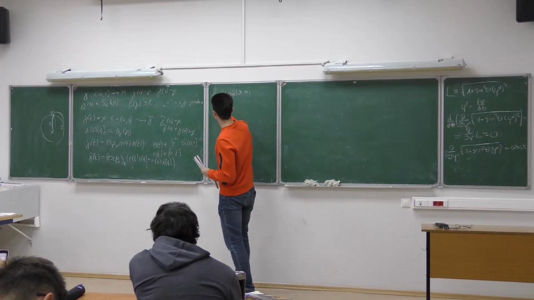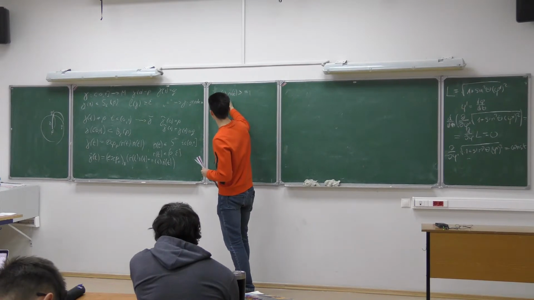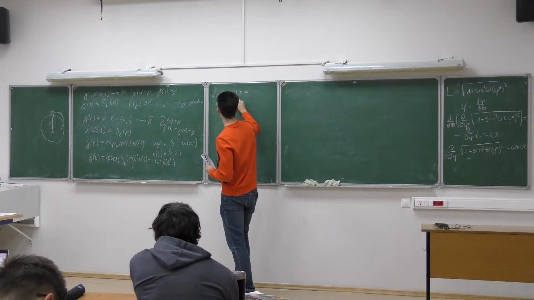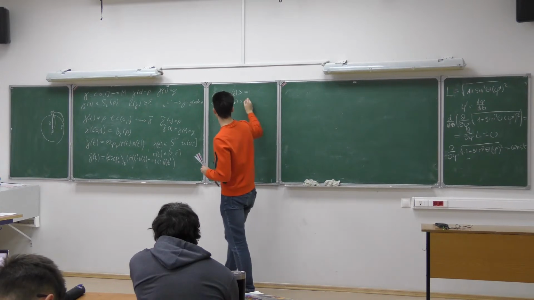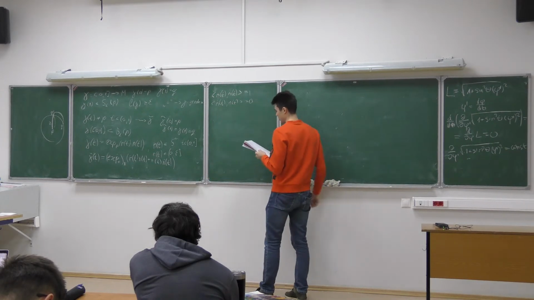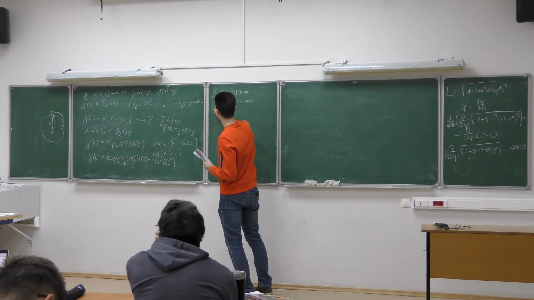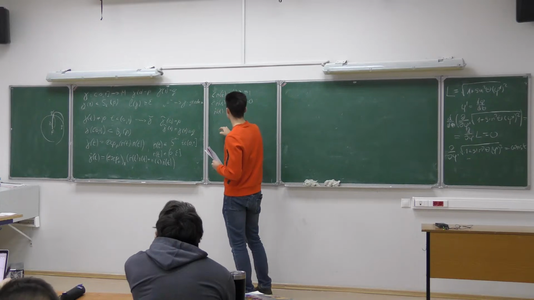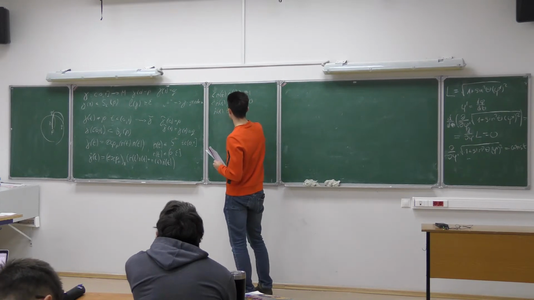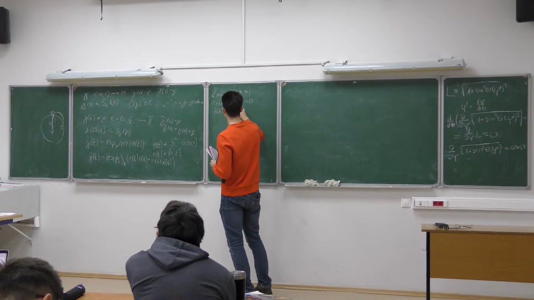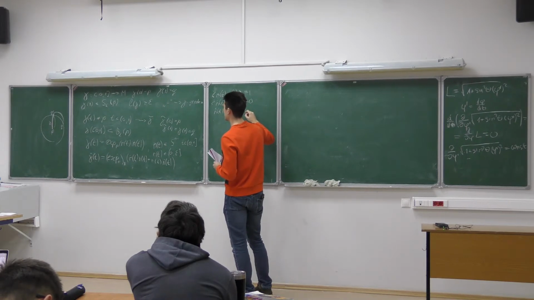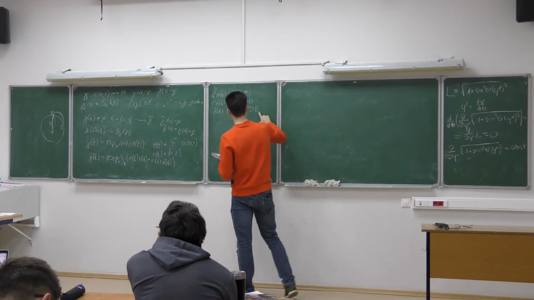So then the derivative is equal to 0, and therefore this vector is actually tangent to our sphere.